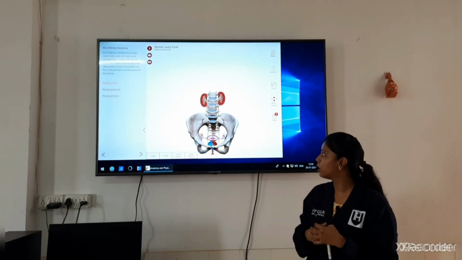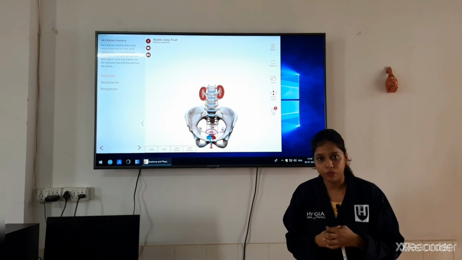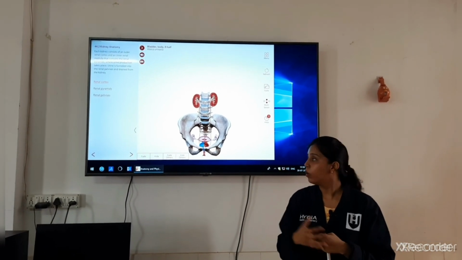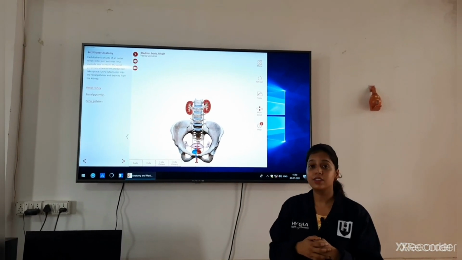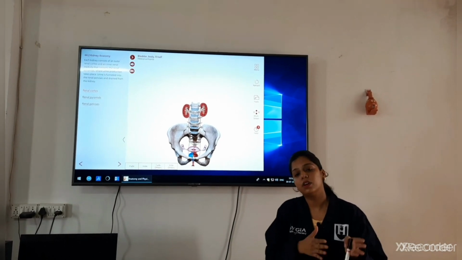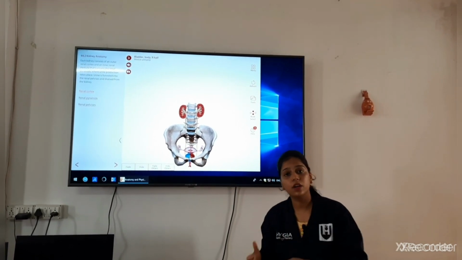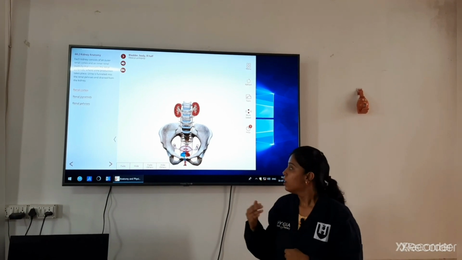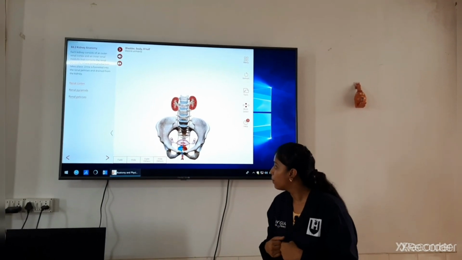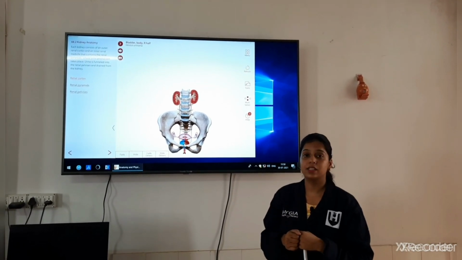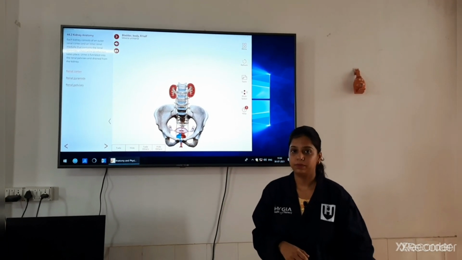So this was some of the histological part of the ureter. Its function, as I have told you, is carrying the urine from your kidney toward the urinary bladder. Now moving towards the next part in the urinary system, that is the urinary bladder.